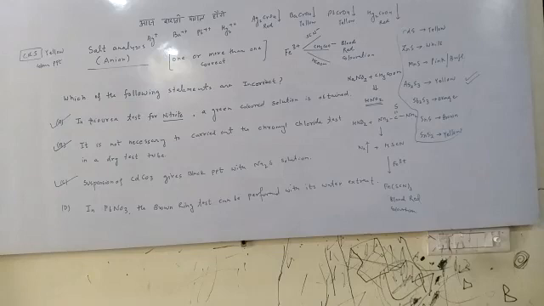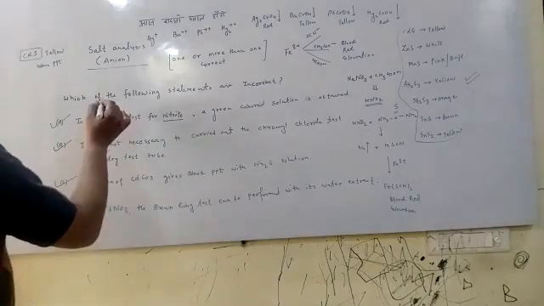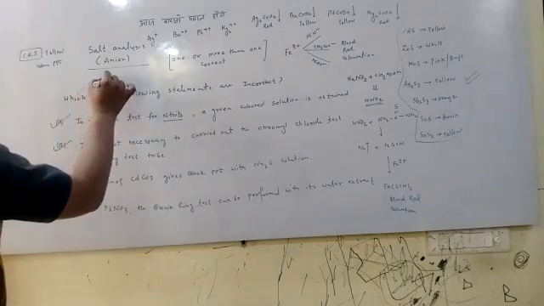Okay, so if there is any precipitate formation during the brown ring test, then the brown ring will be invisible. Okay, so this is also incorrect. So the answer of this question will be A, B, C, D.